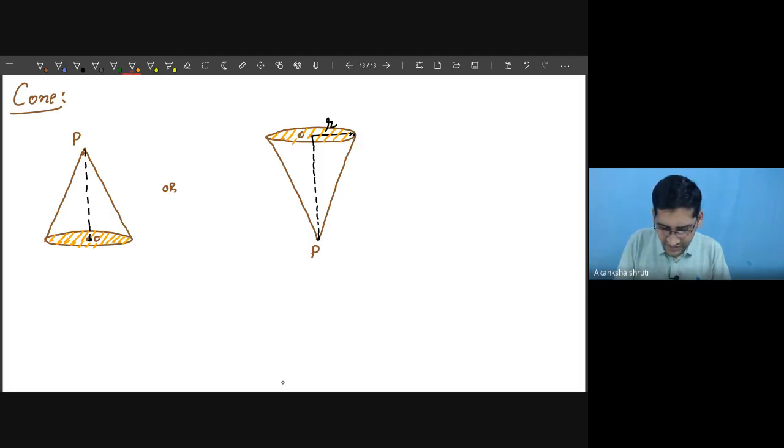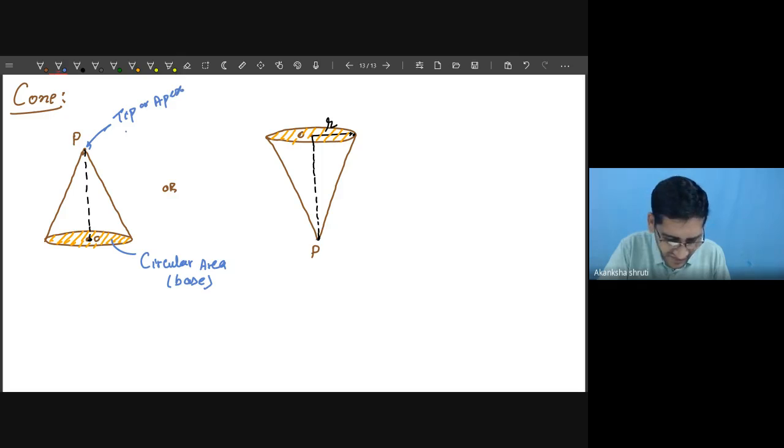So this is the circular area. We have to mark it carefully. This may be the base, or maybe the apex. This is the tip, or apex, or vertex of the cone.